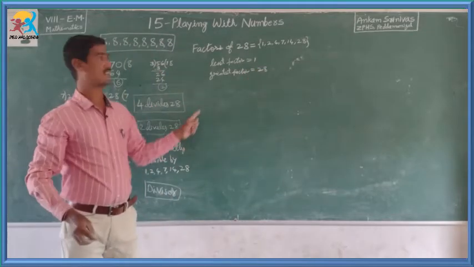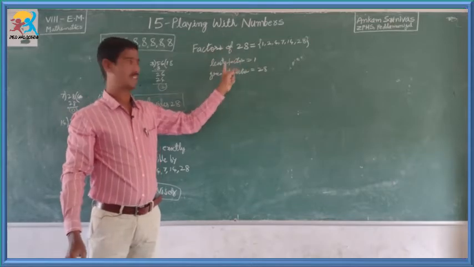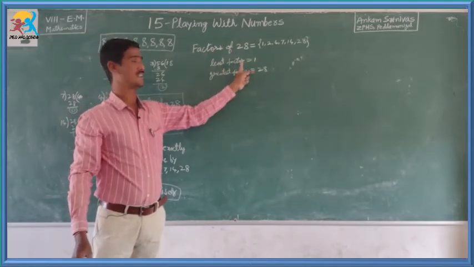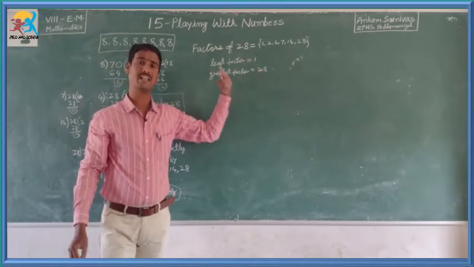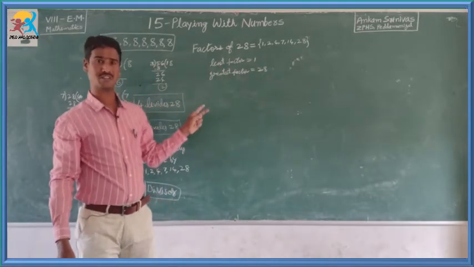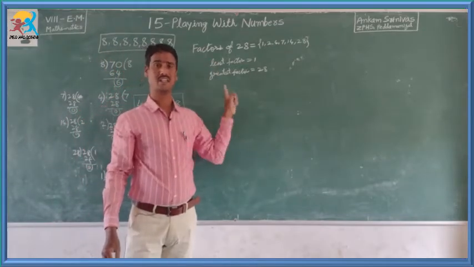So, my dear children, if you find the factors of 28, the least factor is 1 and the greatest factor is 28. If I take any other number, we will also get the least factor 1 and the greatest factor the number itself.